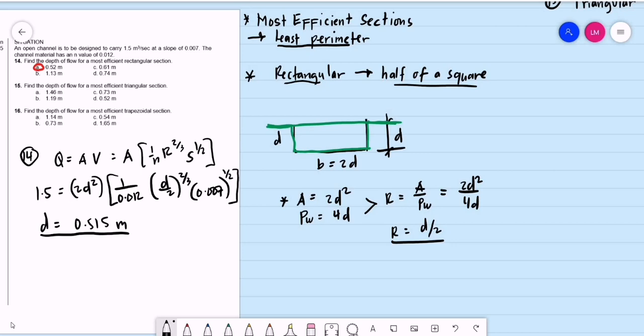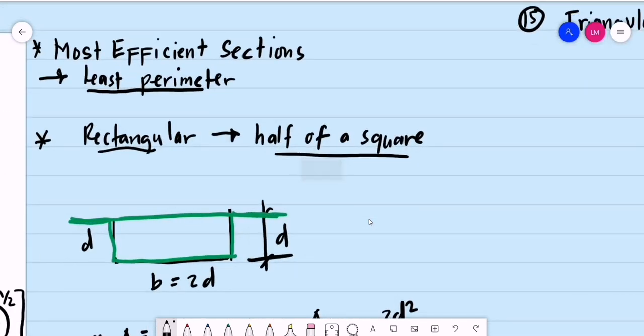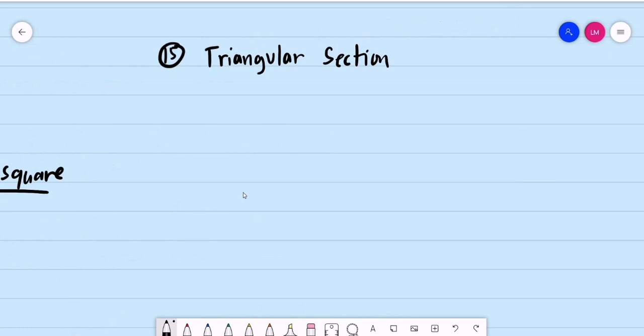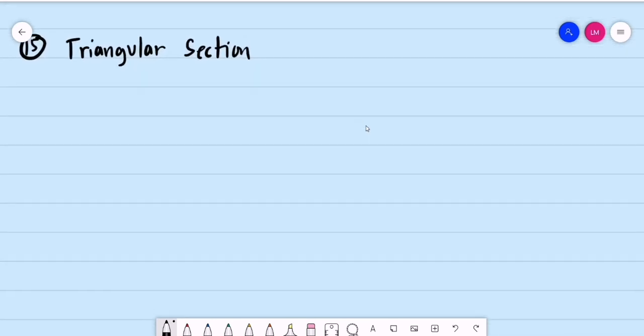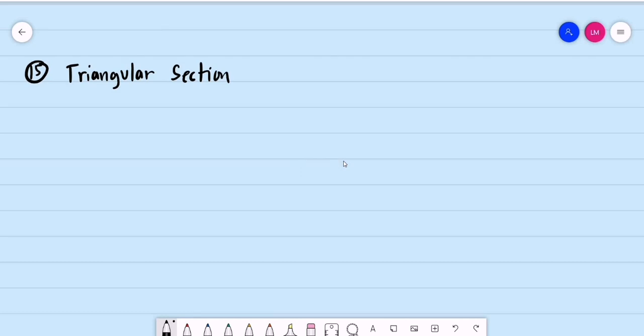Okay, we proceed to problem 15. Find the depth of flow for a most efficient triangular section. So if you have to recall, for the most efficient rectangular section, this is half of a square. But what about for the most efficient triangular section? This will be the same, we are using the same half of a square for the most efficient triangular section.